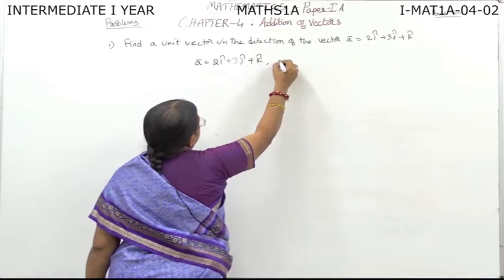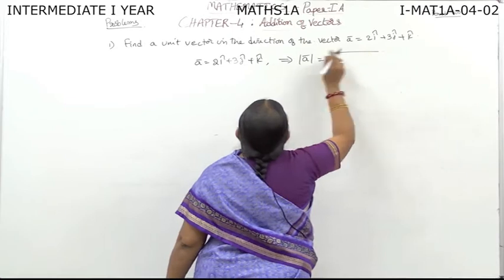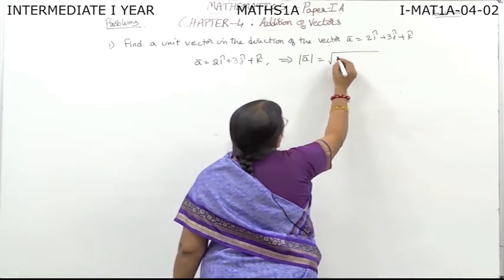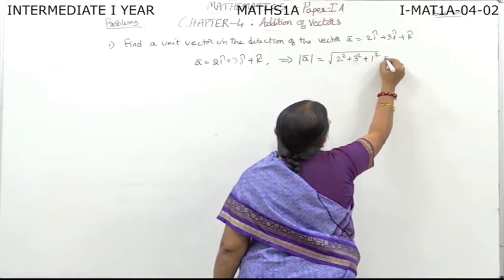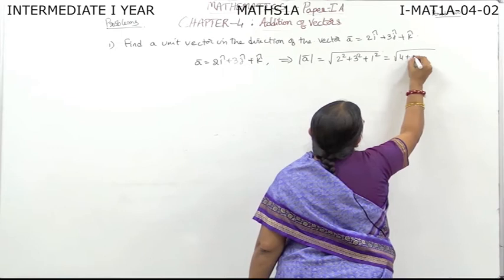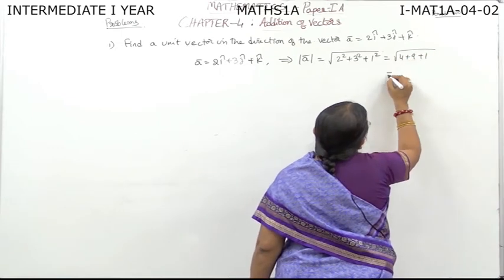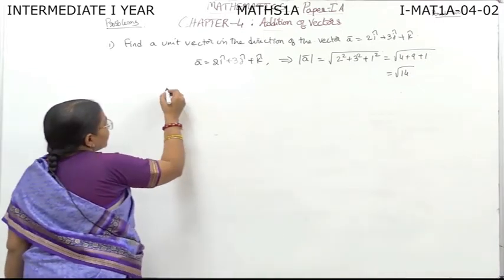Now we'll find mod A. Mod A is root of x square plus y square plus z square. That means 2 square plus 3 square plus 1 square. That is 4 plus 9 plus 1, that is root 14. So now we'll write the formula and write the answer.